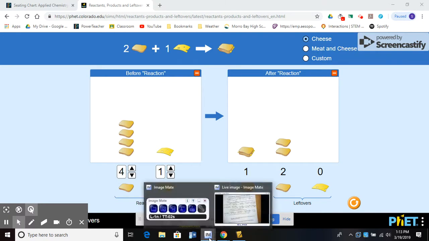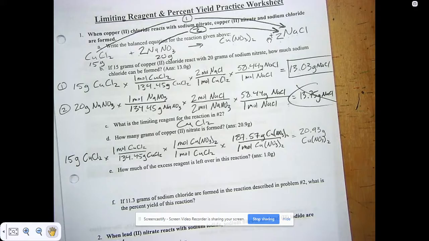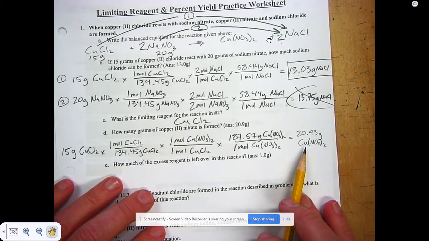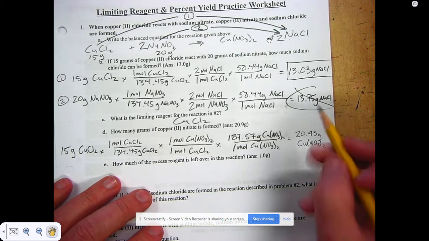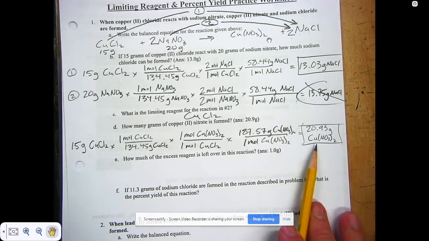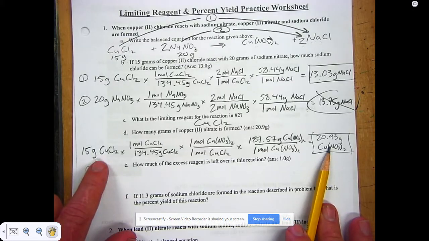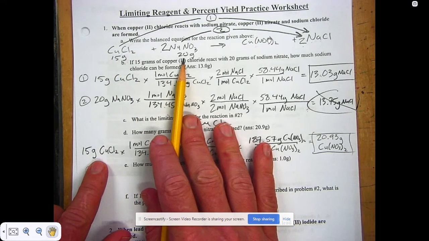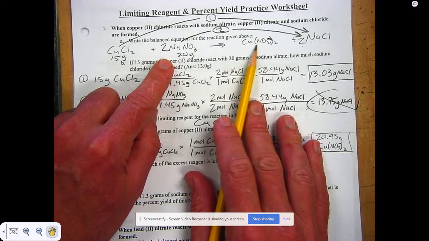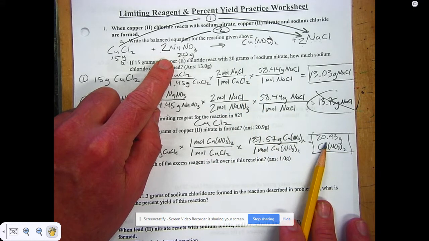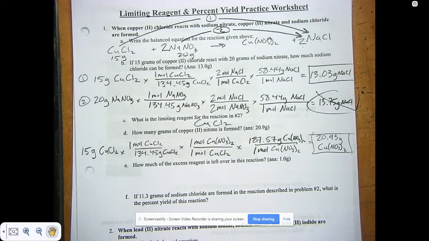Okay, so it looks like we're able to make 20.93 grams of copper 2 nitrate. Now, it's important to realize that you need to start with the limiting reagent here. If you started with this 20 grams of sodium nitrate to figure out how much of this copper 2 nitrate you could make, you'd get a number bigger than this, and it would be a lie.